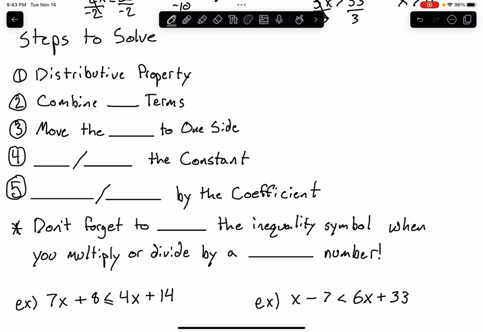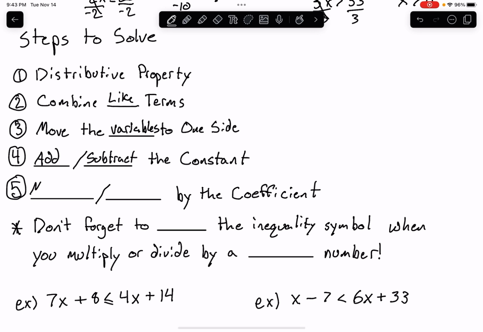Step 2 is once again to combine like terms. Step 3, this is what we're going to deal with today. Move the variables to one side of our inequality symbol. Step 4 is add or subtract, depending on the problem, the constant term.